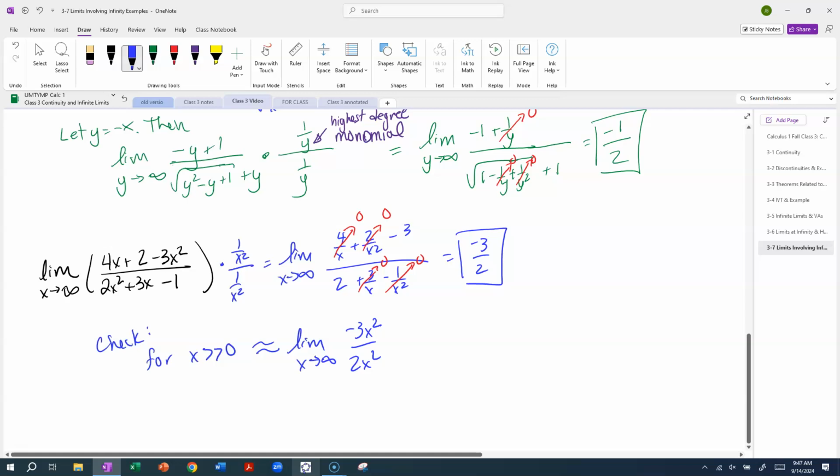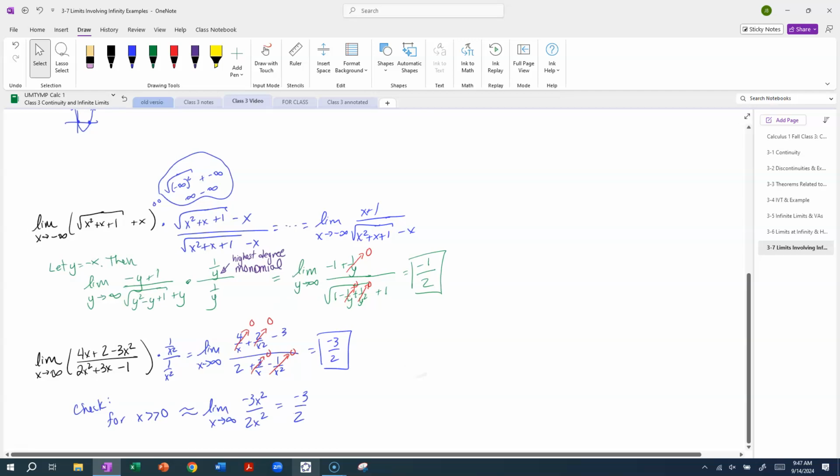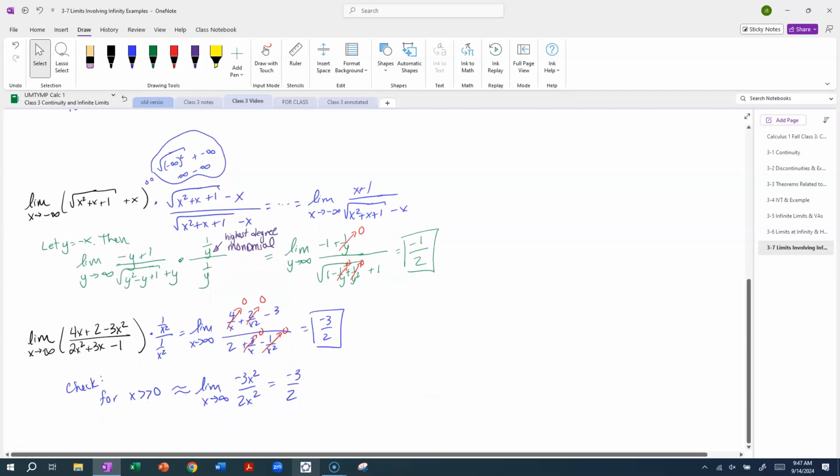So eventually, for large values of x, the highest powers will dominate, and then we get negative 3/2 another way. But that's a checking way. So I don't want you to use that as a way to just find the answer. You can use it to check, not to find. So, a couple other things to be aware of as we work with limits and limits involving infinity.